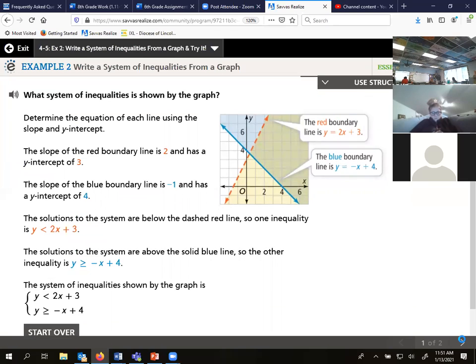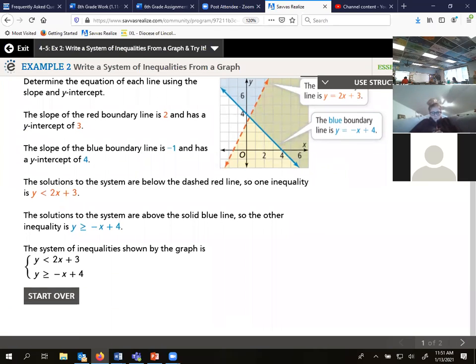So in order to get this double shaded region, you have to list both inequalities. I think they'll ask you one at a time, like this line has what equation or inequality.